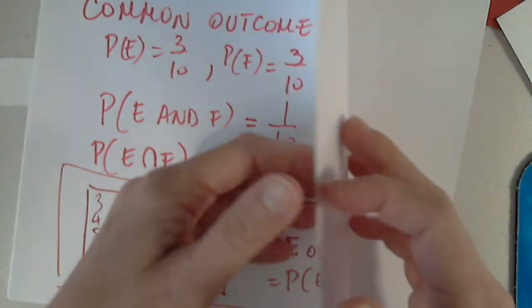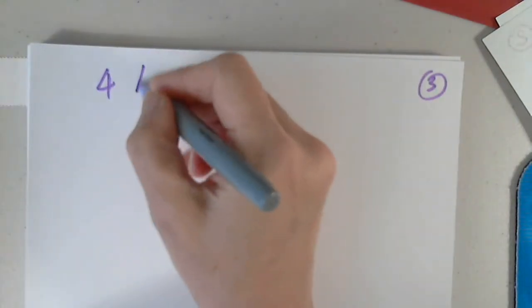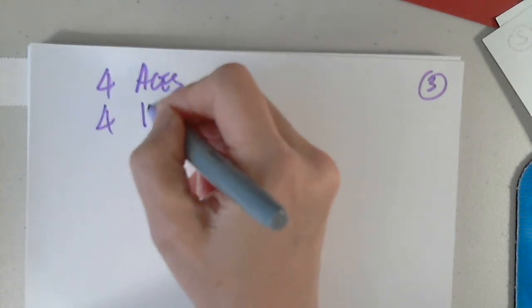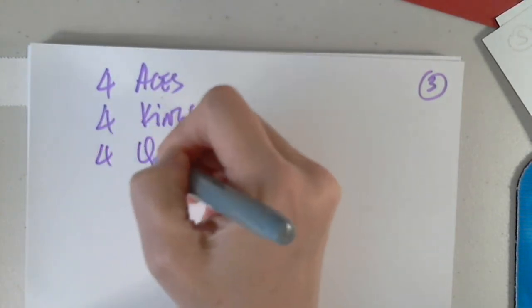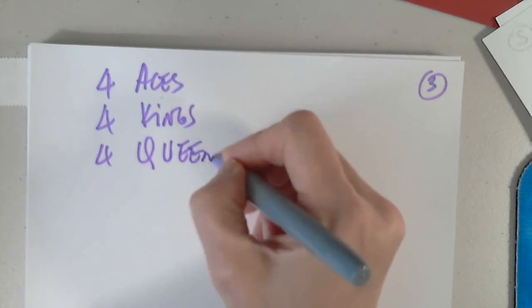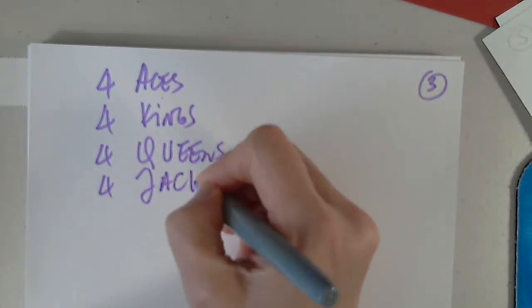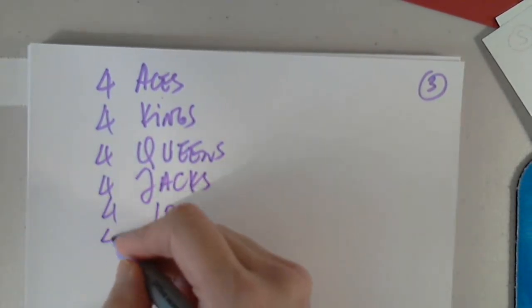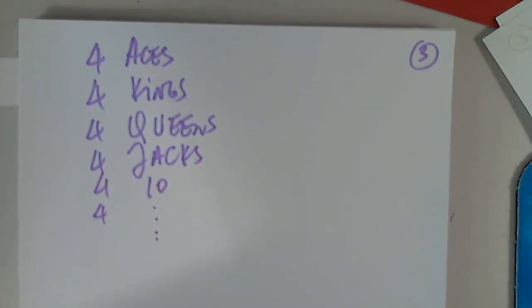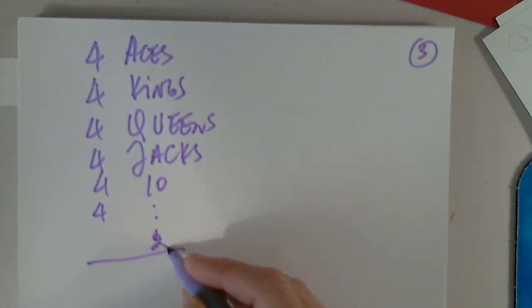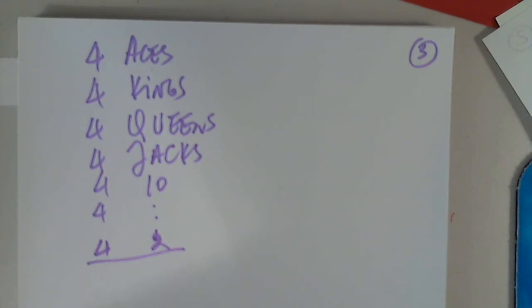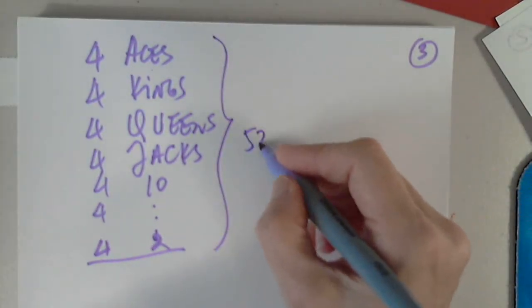For those of you who don't remember or do not have any interest in playing cards, in each deck of cards there are 4 aces, 4 kings, 4 queens, 4 jacks, 4 tens, and so on and so forth, till 2, for a total of 52.